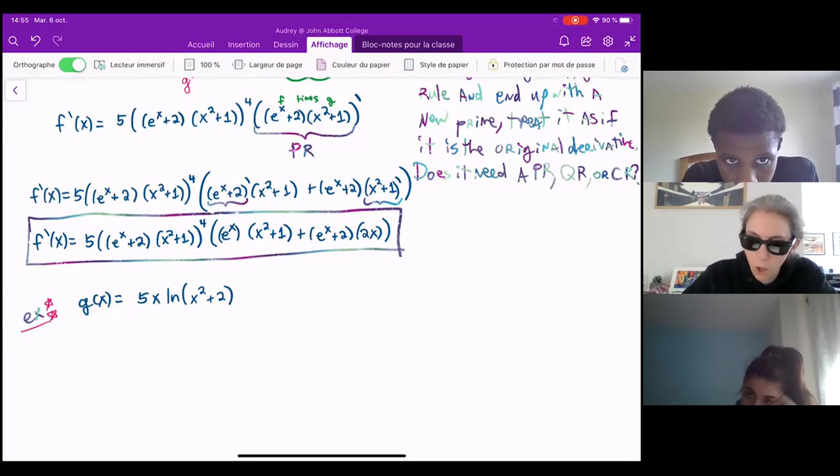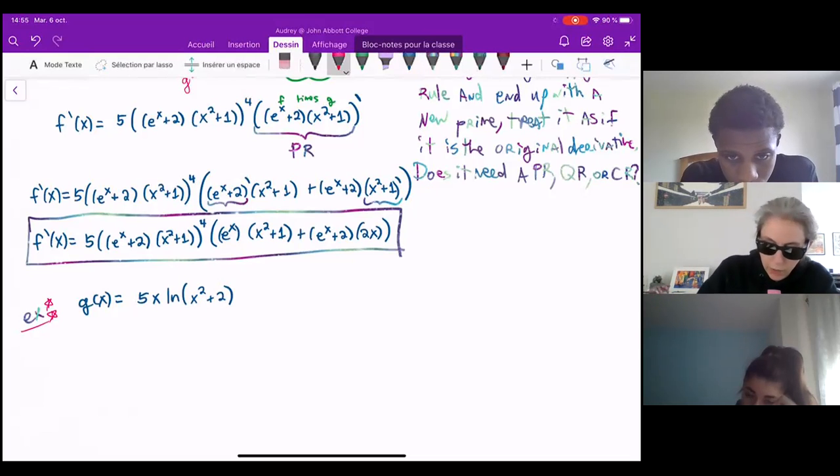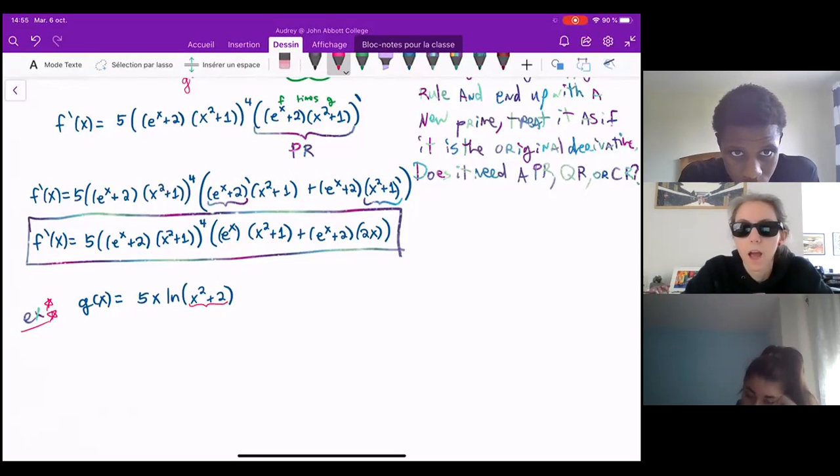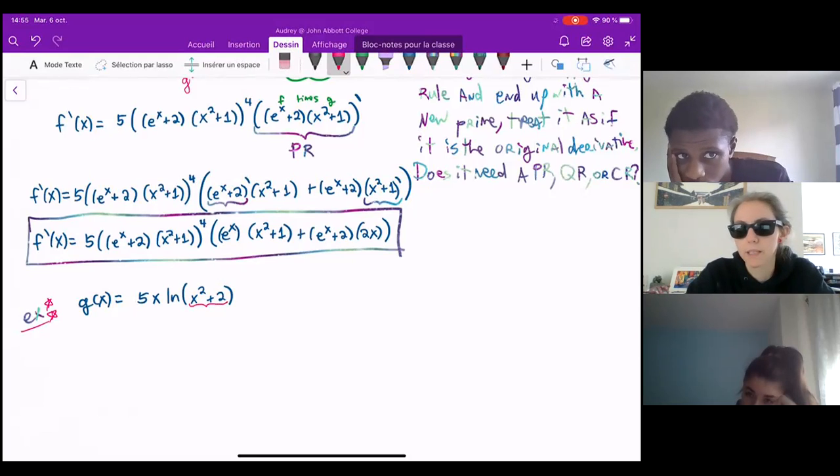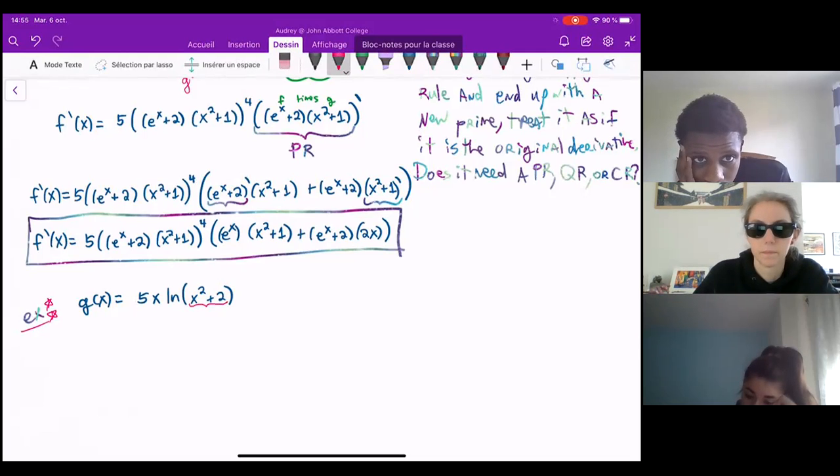Okay, so I see a chain log rule. For sure, I'm going to need a chain log rule because I have a sort of g inside of my log there. But do I only have a log here? Or am I multiplying that log by something else? You got it. I'm going to need a product rule here as well.